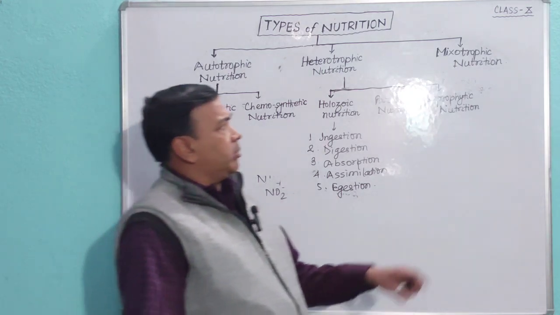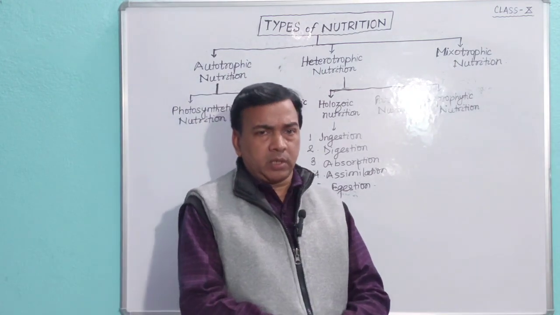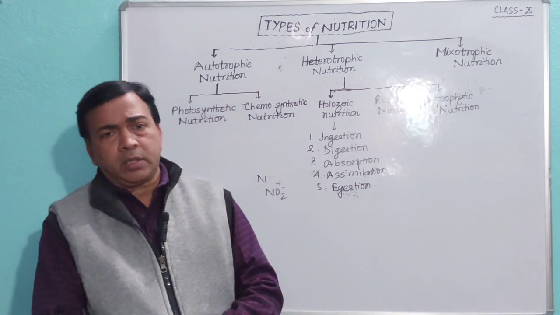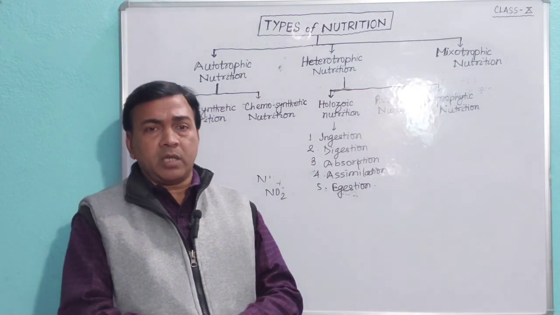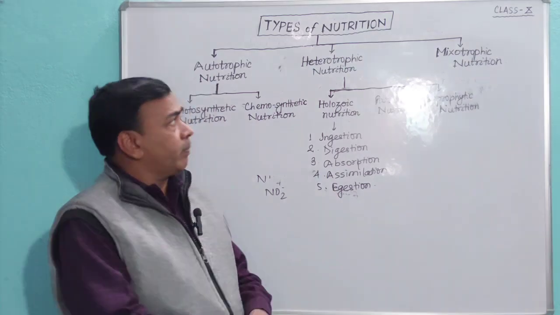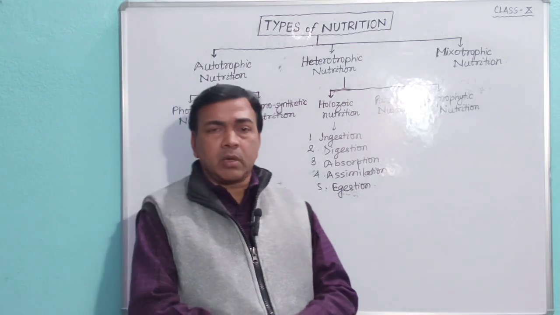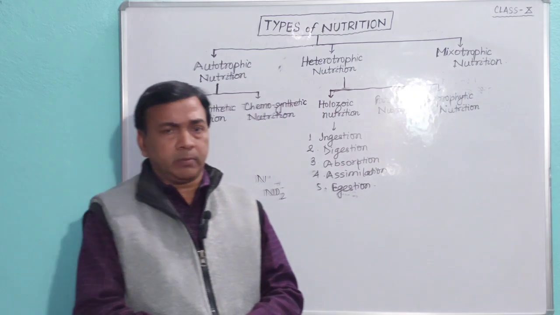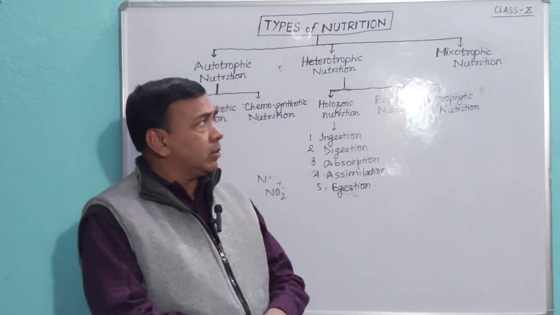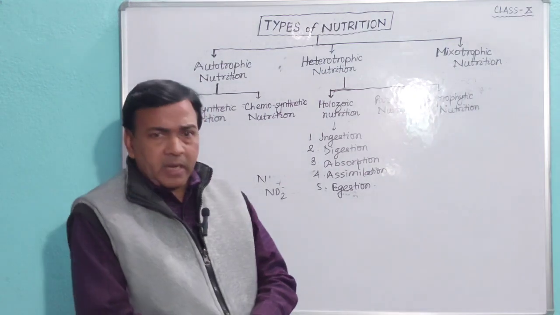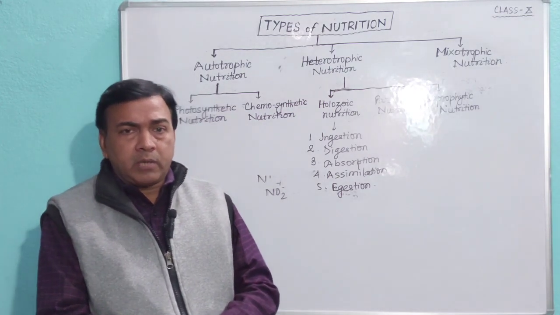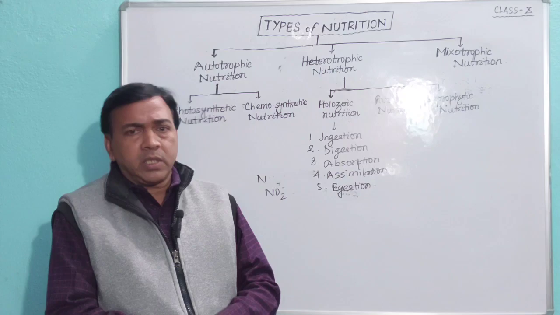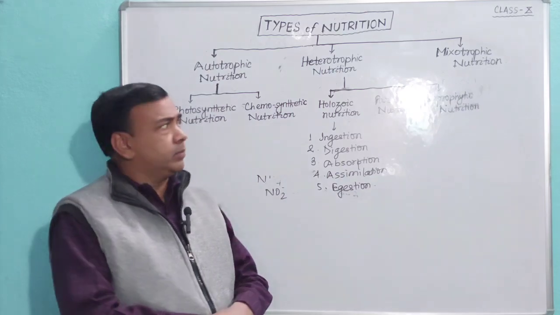Now we will describe mixotrophic nutrition. What is mixotrophic nutrition? When more than one type of nutrition is found in organisms, this type of nutrition is called mixotrophic nutrition. So the common example of mixotrophic nutrition is found in Euglena, which is a protozoa.